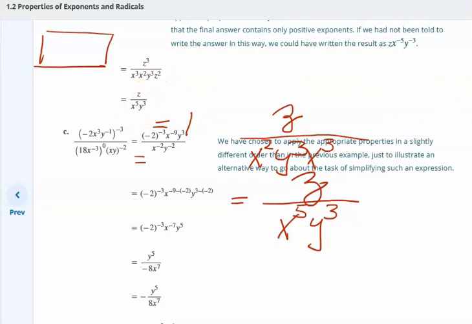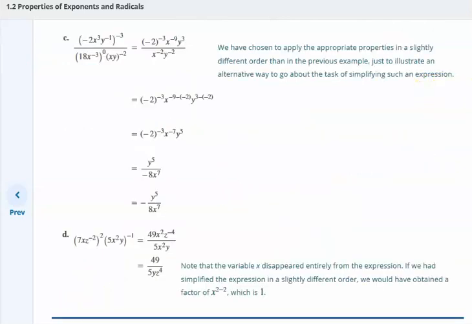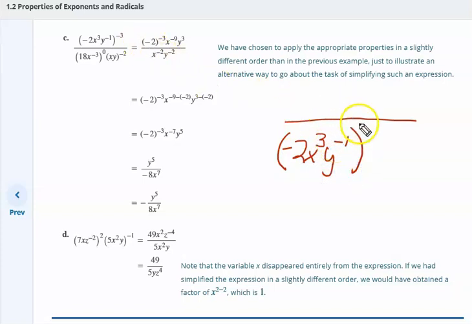All right, let's do example 3 now, or C, I should say. Okay, as we look at it, all of this is going to go to the denominator as a negative 2, x to the third, y to the negative 1, but now raised to the third.